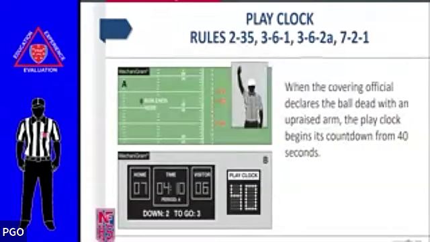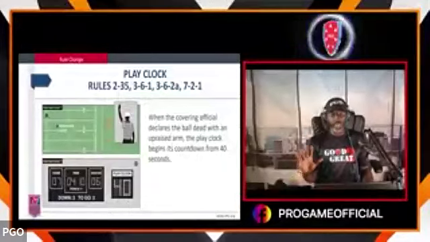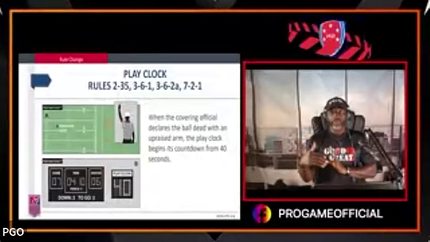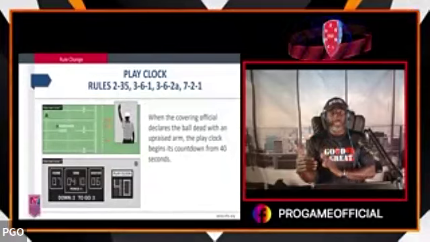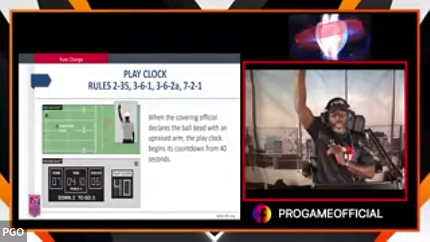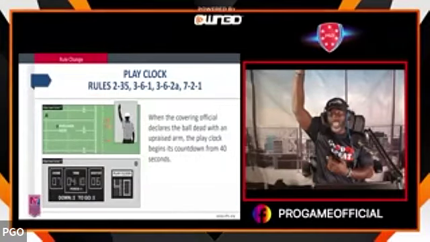All right, when the cover official declares the ball dead with an upraised arm, the play clock begins countdown for 40 seconds. So again, real quick, if it's a run play and we're covered and it's not a first down, our hand goes straight up. As soon as the play is over, blow the whistle, hand goes up.